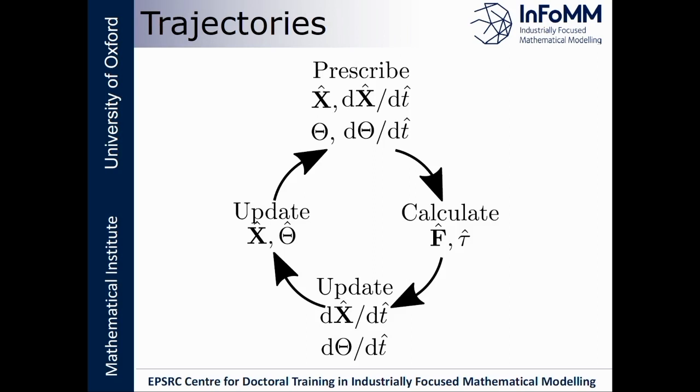So now that we have these velocity profiles and we have this resistance matrix, we can solve for trajectories. So we prescribe an initial position and rotational angle for the tool, and we give it some initial velocities, a translational velocity and perhaps a rotational velocity. From that, we can calculate the opposing forces and torques, use Newton's equations to then update the velocities and subsequently update the positions, and it's an iterative cycle.